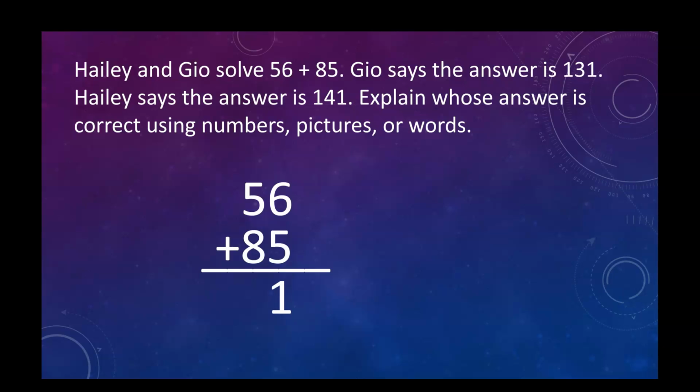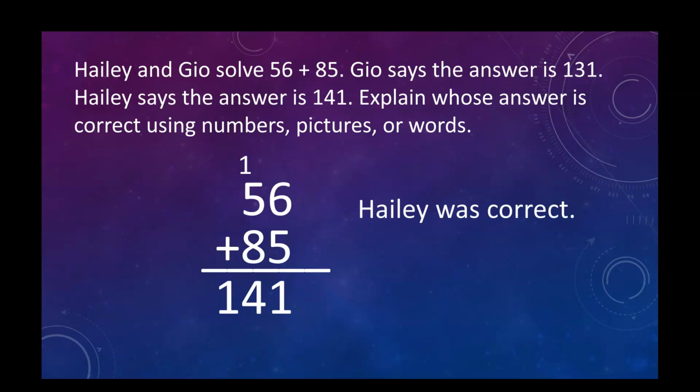So let's put the 1 in the 1's place and carry the 10 over to the 10's place. Next we're going to add our 10s. So 5 plus 8, plus 1 more, is 141. So who was correct, Geo or Haley?